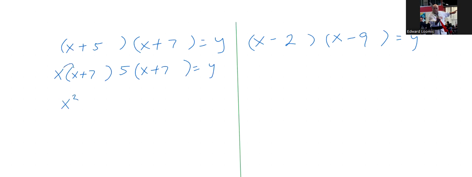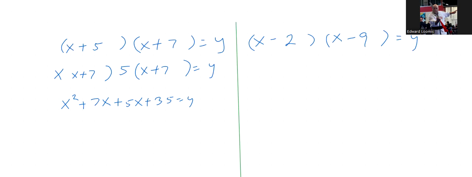X times 7, 7x. Positive times positive makes that 7x positive. Then I have 5 times x is 5x. Positive times positive is positive. 5 times 7 is 35. Positive times positive makes that 35 positive.